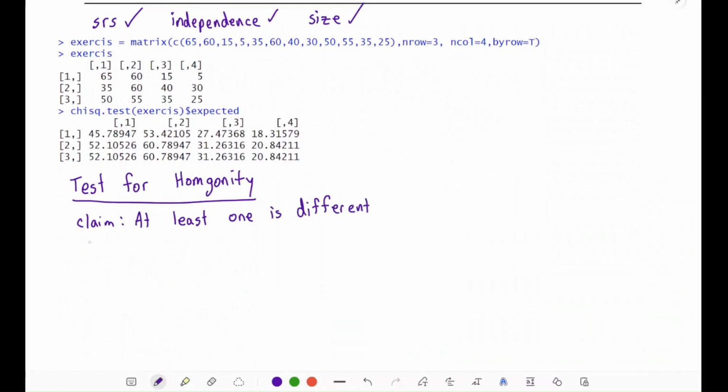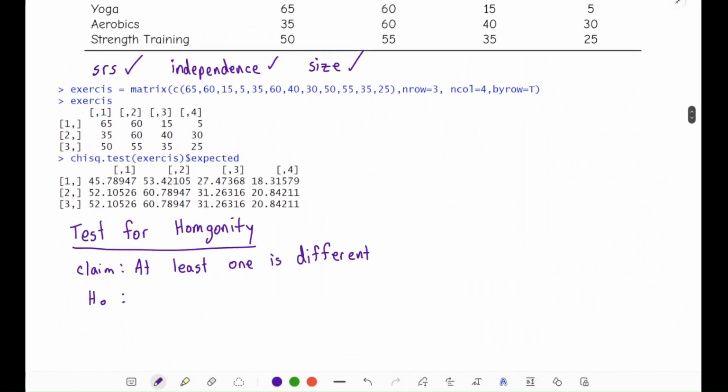So then the null hypothesis is that P1 equals P2 equals P3 equals P4, because we have 4 columns. Oh, sorry, I meant to call that the opposite, skipping a step. But the null hypothesis is also equal to that.